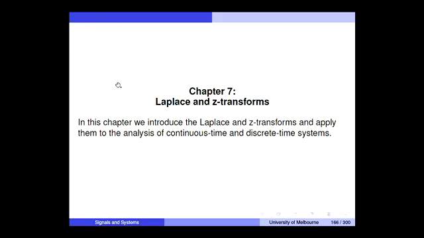Before I start, let me revisit what you learned from chapter 6. When we talked about frequency analysis of systems, we were talking about the case where convolution is used.